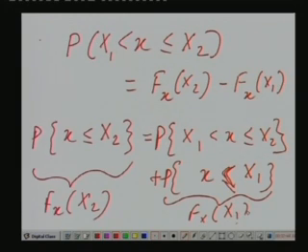From this follows obviously that this probability is equal to F_X(x2) minus F_X(x1). This is very important actually. All these might appear to be a bit trivial, but they are very useful as we go along, because to find out the probability of some event occurring in some range, all these properties come very handy.